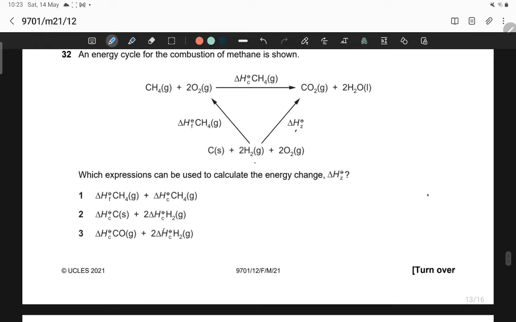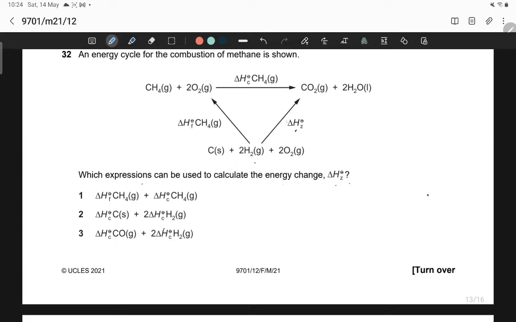Now the next question: the energy cycle for the combustion of methane is shown. Which expression can be used to calculate the energy change delta Hc?